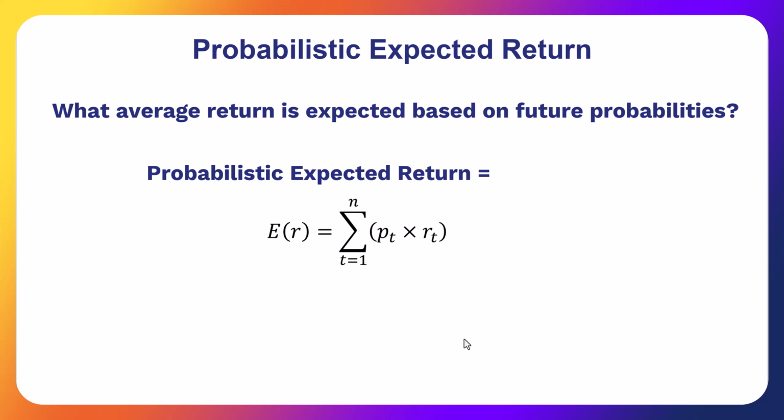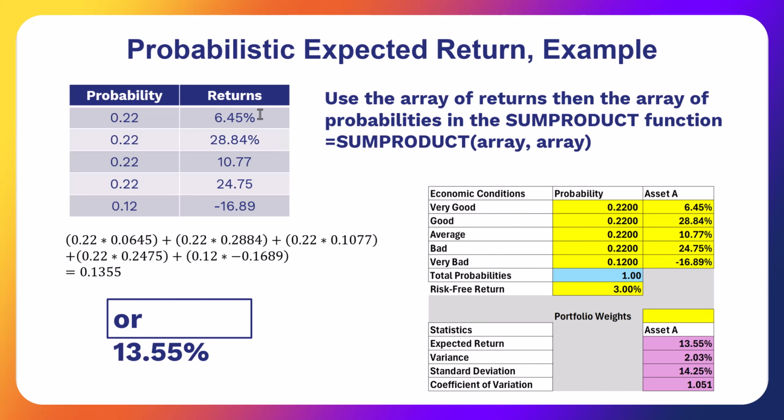Now we'll be talking about this when we get to the specific securities in later videos, but we need to predict not just the returns themselves, but also the probability of those returns occurring. So again, here we have our same set of returns, but now we've assessed some probabilities.